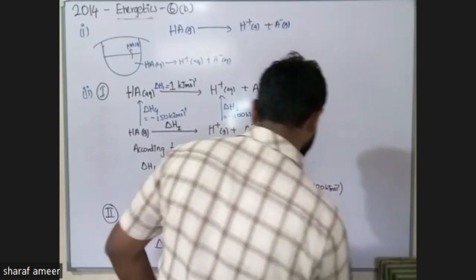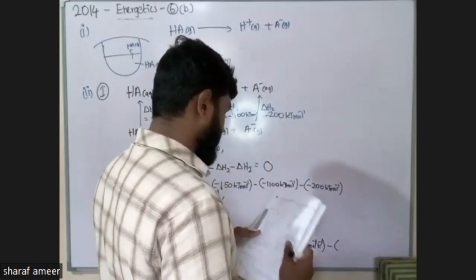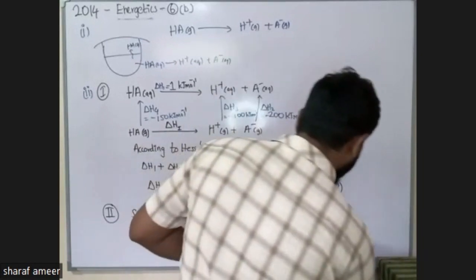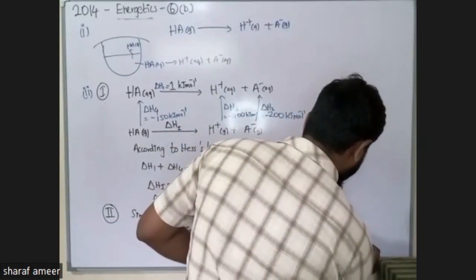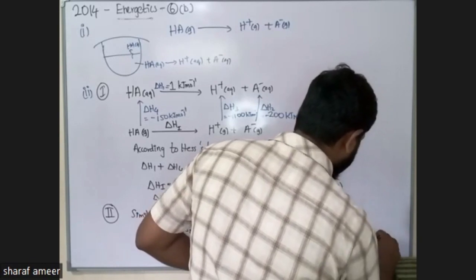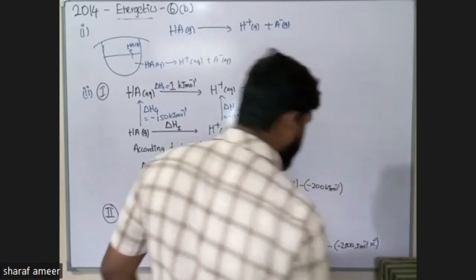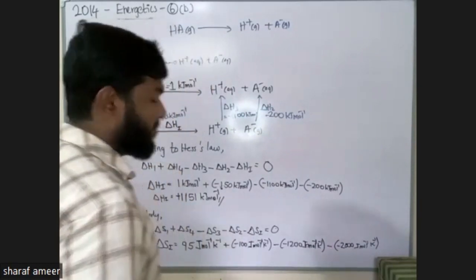Minus 2000 joules per mole per Kelvin, right? Per Kelvin.